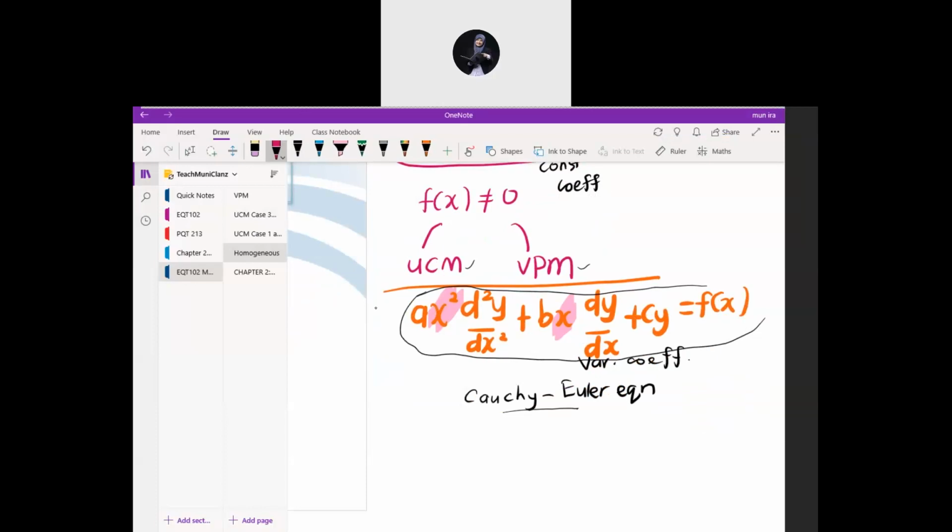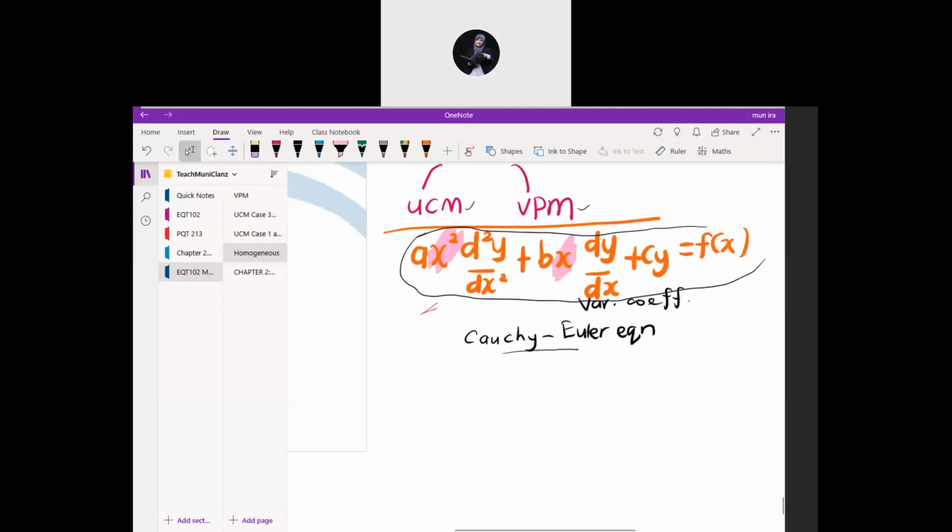Initially, we know that UCM and VPM cannot solve this equation because it involves variable coefficients. But we still want to solve it by using UCM and VPM. The answer is, you need to transform the variable coefficient into constant coefficient.